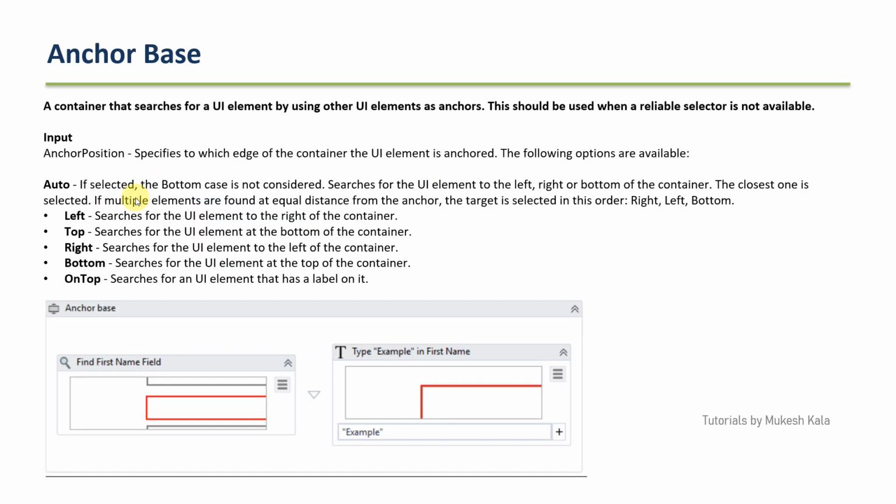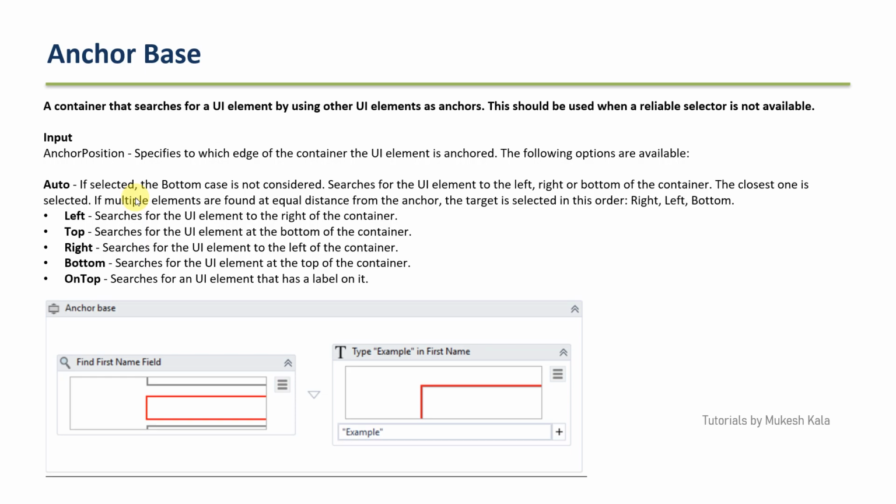But what happens if I have an application which I want to automate with the help of keyboard and mouse, but that application does not generate selectors? Will the UI automation work? The answer is no, because everything we have seen works on the concept of selectors. If selectors are not generated, how am I going to do the automation?